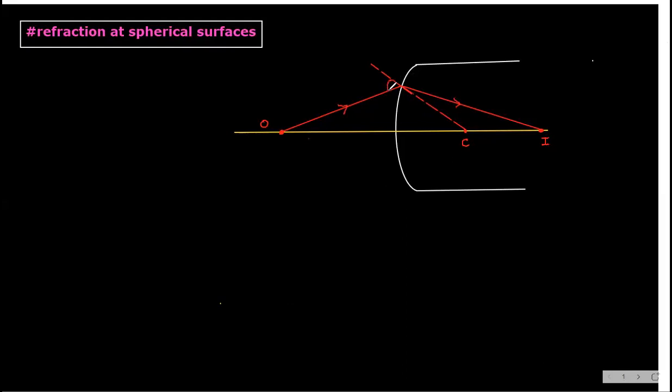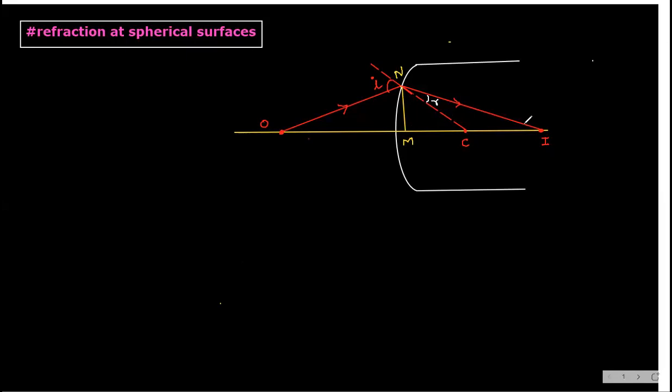This angle is angle I, angle of incidence. This angle is angle R, angle of refraction. And I am drawing one normal from this point, for my convenience for doing geometry, and I am naming it M. And this point is N.